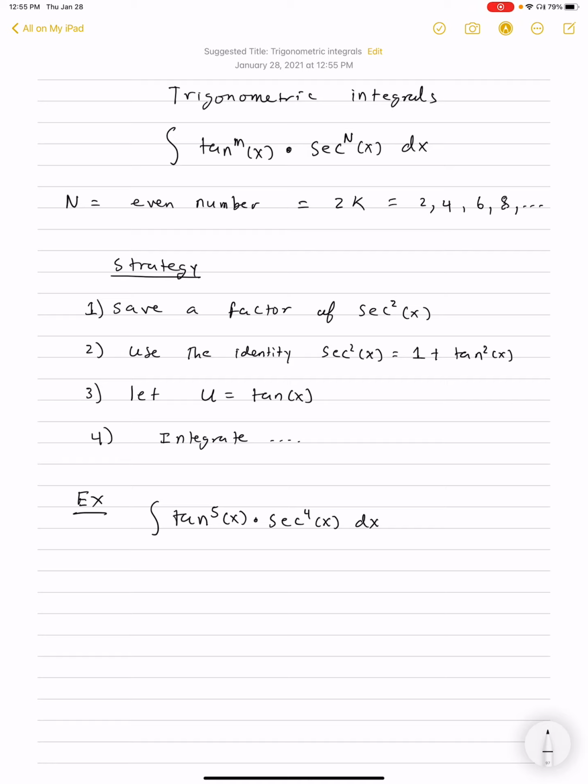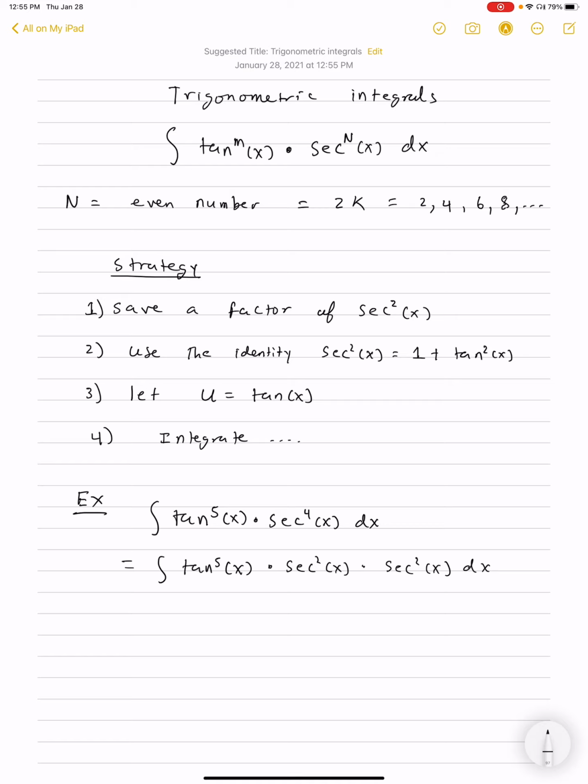So here we have an even power of secant to the fourth. I'm going to save a factor of secant squared. So I'm going to have tangent to the fifth of x times secant squared of x times secant squared of x.